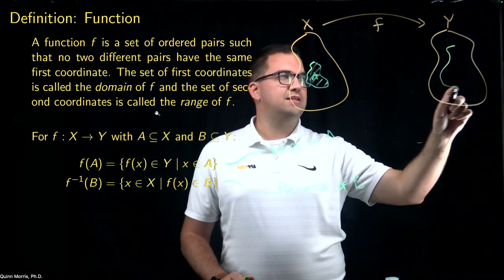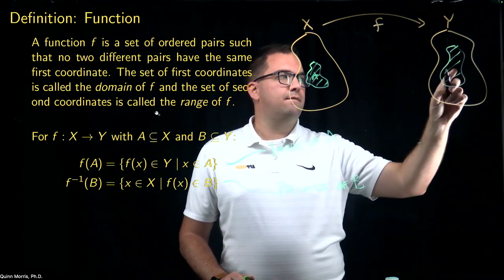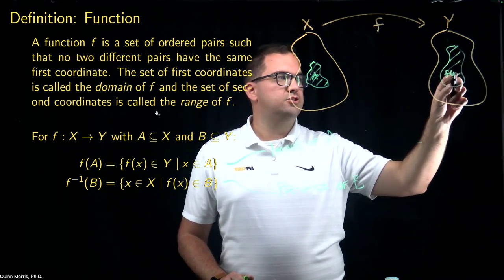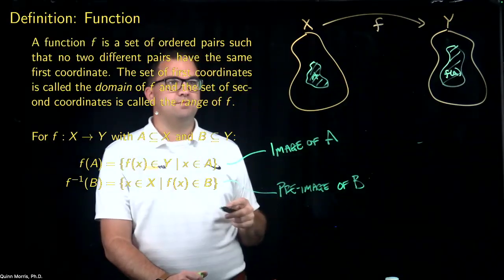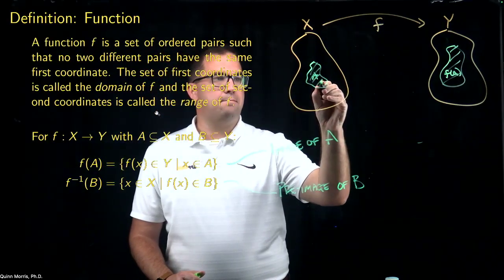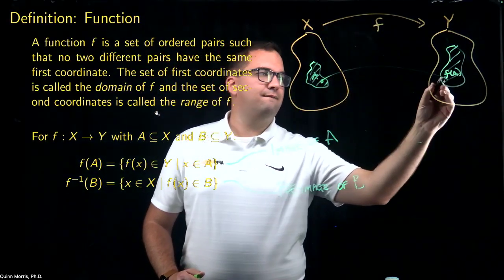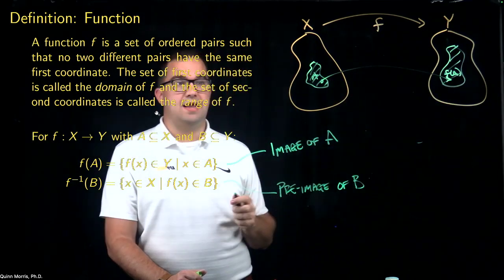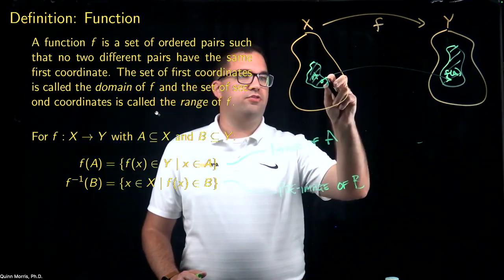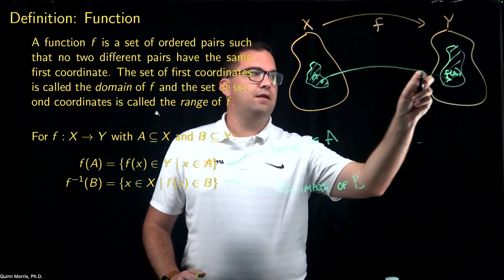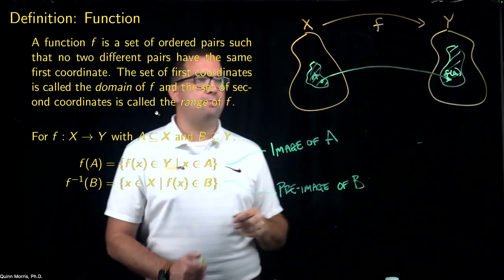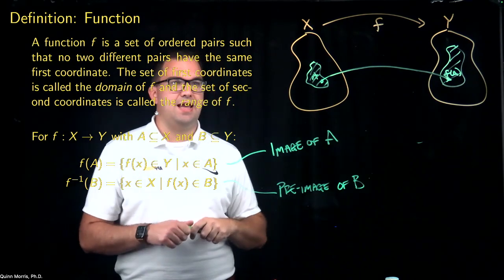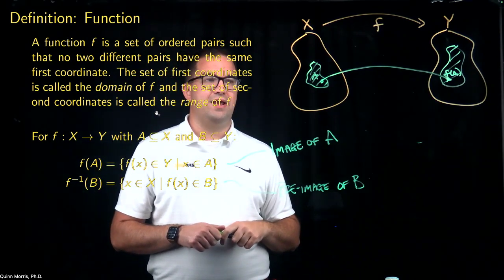Where do they go? Well, that's precisely what the image of A, or f of A, is. It's the set of all things that if I map everything in A over here, I know it's going to land somewhere in Y. If I look at all the things that get hit in Y by mapping elements from the set A, then that gives me what's called f of A.